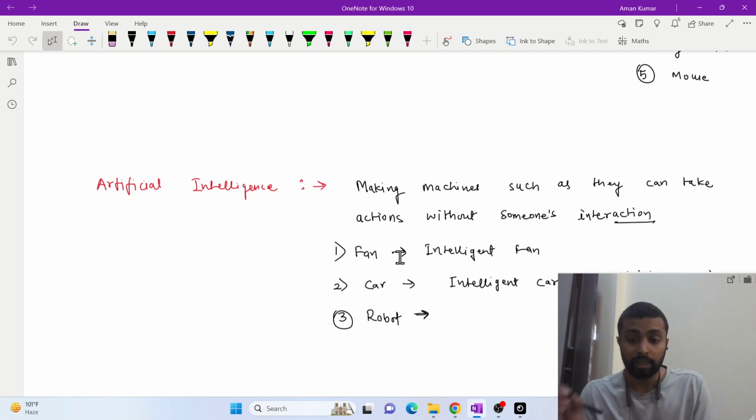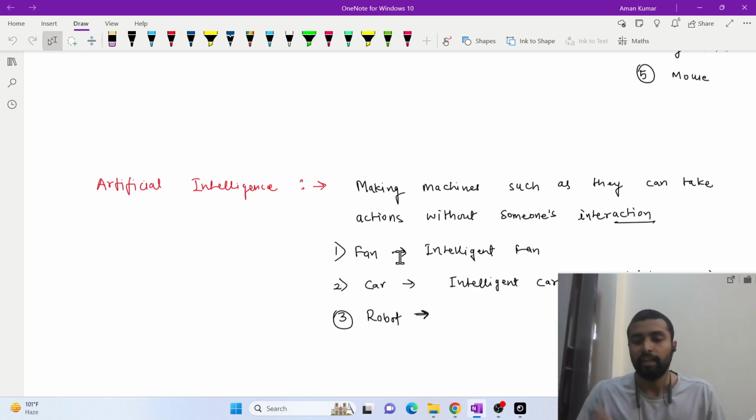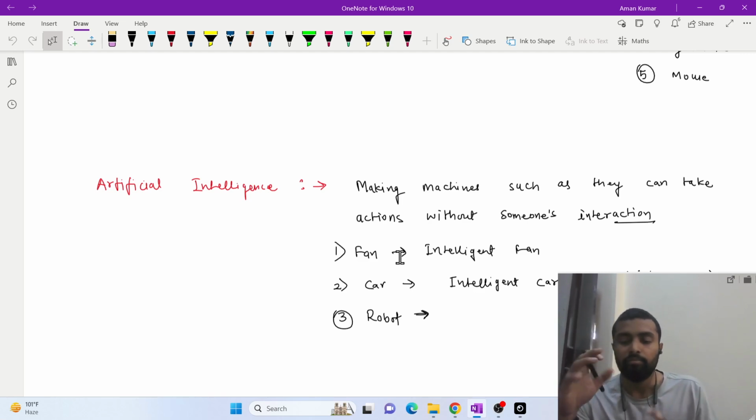But don't take anything lightly. AI is the big umbrella, and there is nothing close to AI, not even data science. But right now the scenario is that data science is a big market as compared to AI. People only talk about and only know about data science, which is okay.